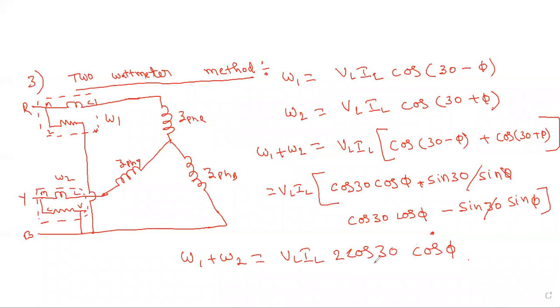What is the cos 30 value? Cos 30 value is root 3 by 2. So W1 plus W2 equal to root 3 VL IL cos 5. This is equation number 1.